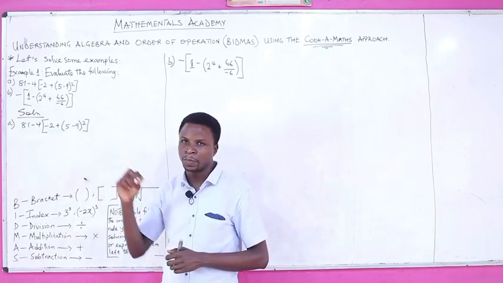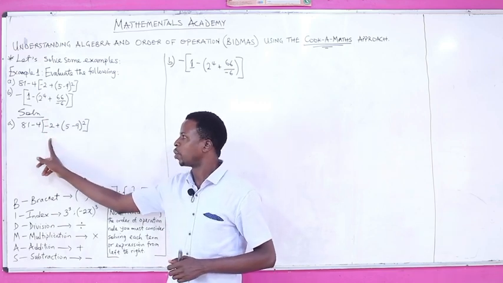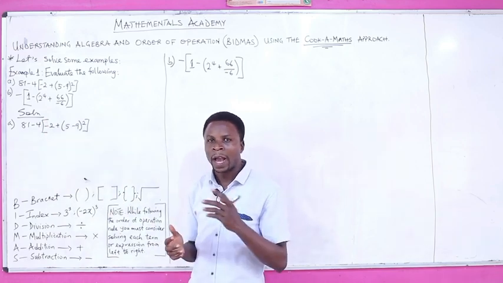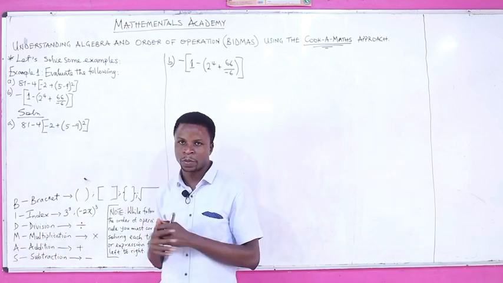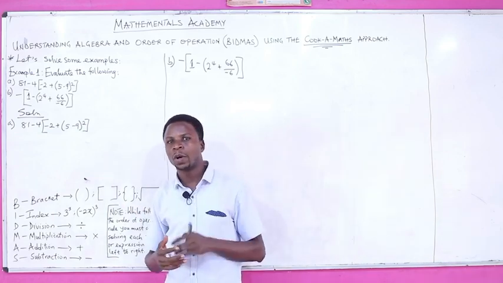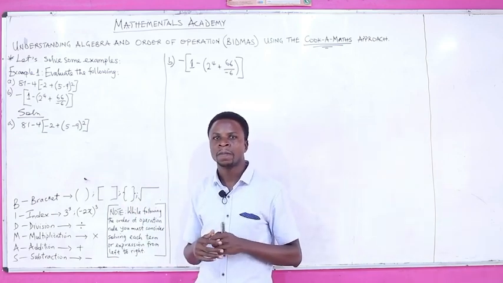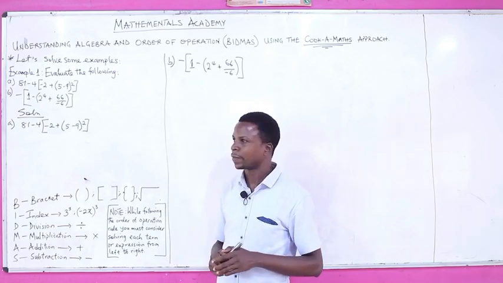Remember, bracket means multiplication. And this minus 4 is joined to this expression by multiplication. And according to the rule here, we are meant to multiply before we add or subtract. Also, in mathematics, the bond of multiplication and division is stronger than the bond of addition and subtraction.